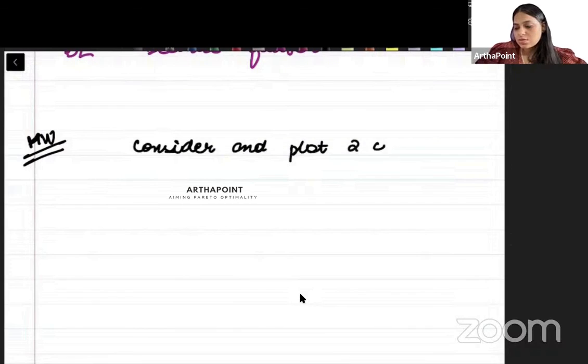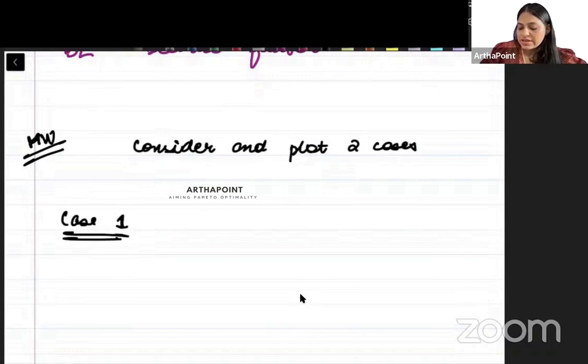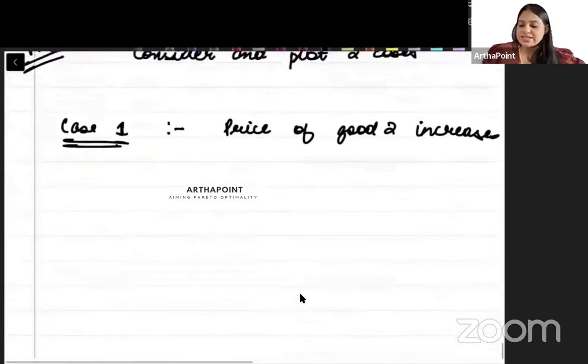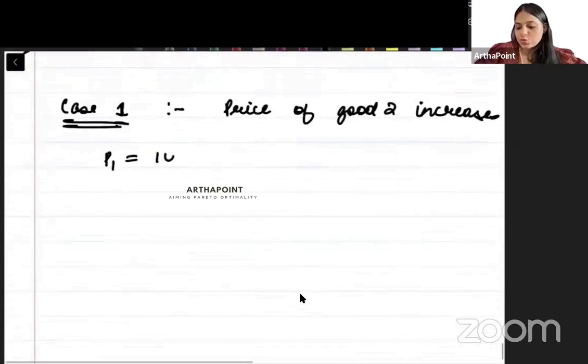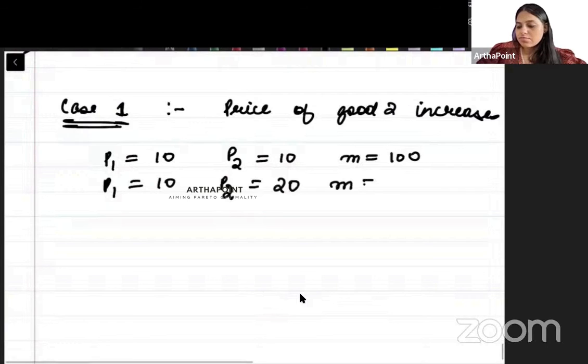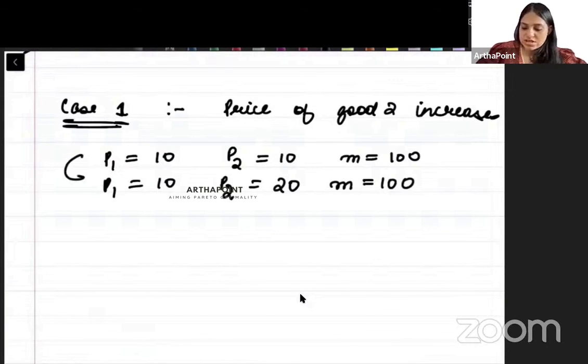You want to consider and plot 2 cases. Case 1 is where the price of good 2 increases. Take P1 is equal to 10, P2 is equal to 10, income 100. And then the price of good 2 increases to 20. Plot this case.